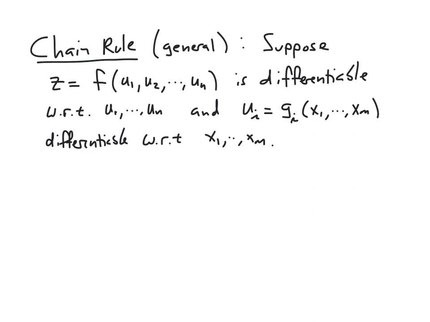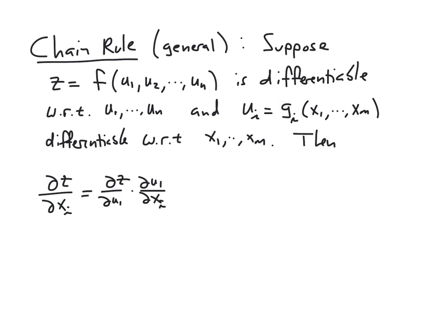So we have just a very general case, a bunch of functions, each function is a function of some number of variables. And in this context, the chain rule tells us the following. If I want to differentiate z with respect to one of the x's, so say del z del xi, then we're going to take del z del u1, multiplied by del u1 del xi.